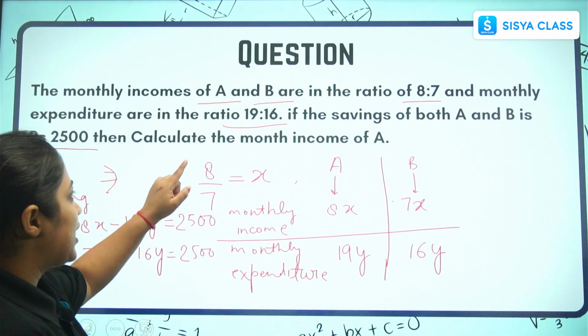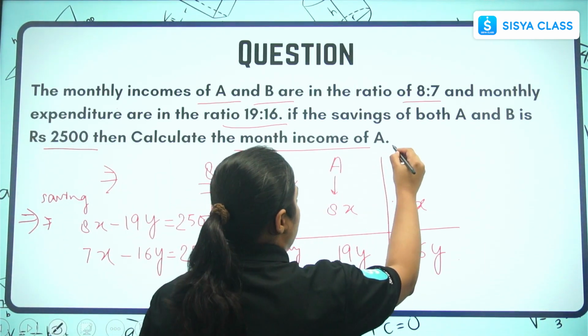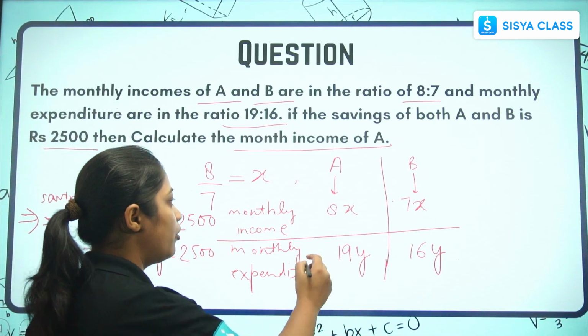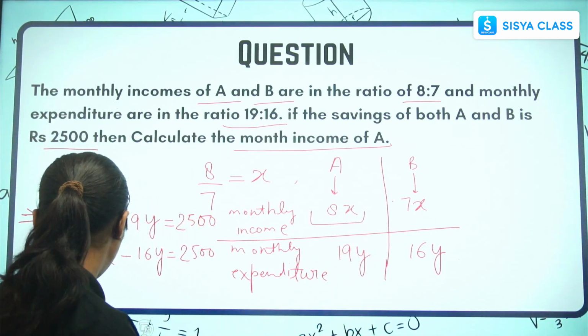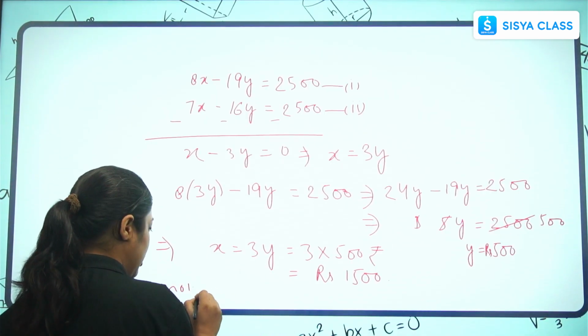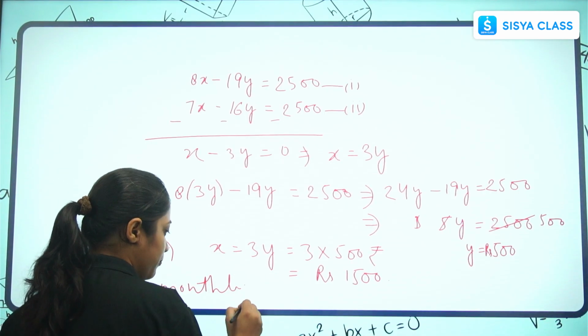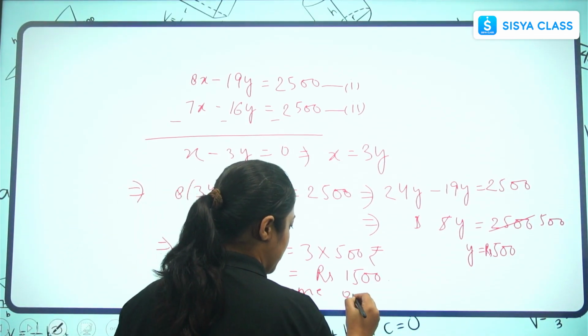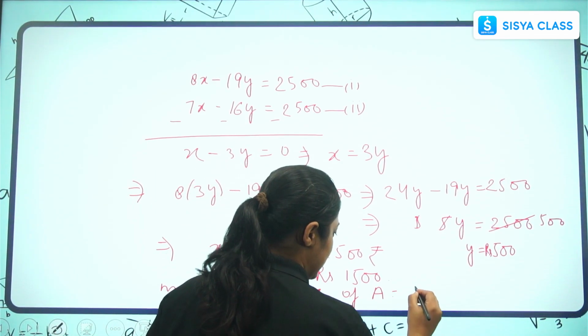Now the question is to calculate the monthly income of A. What we have assumed is that the monthly income of A is 8x, right? So it is 8x.